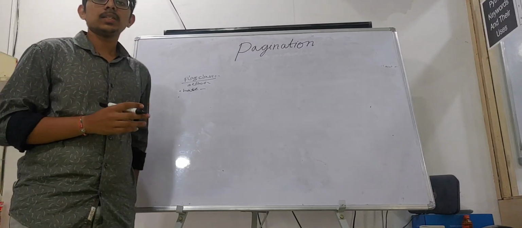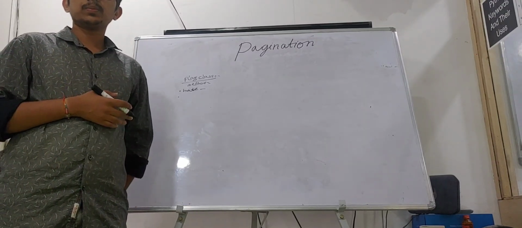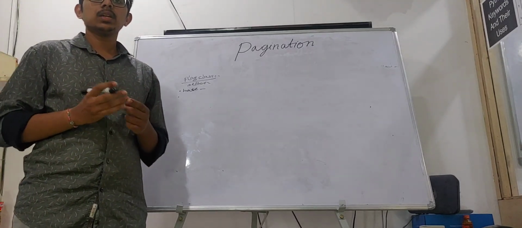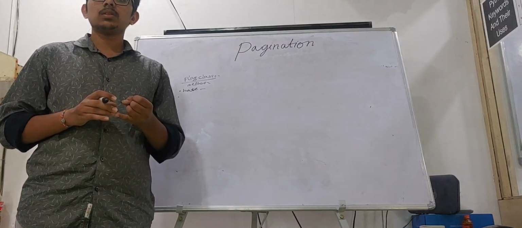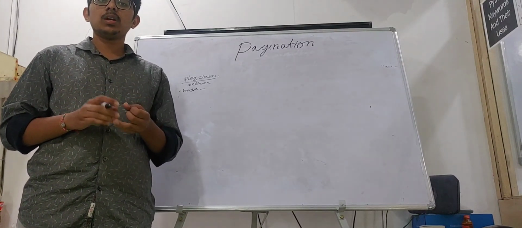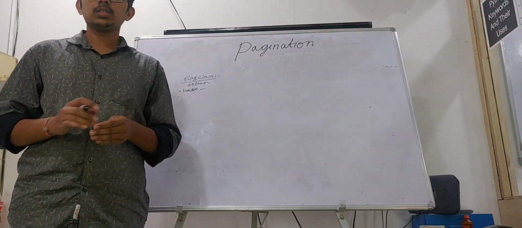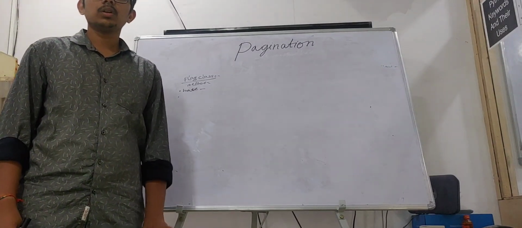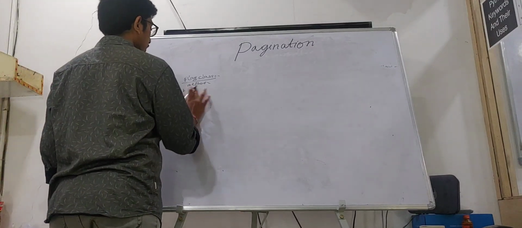It has has_next and has_previous, then next_page_number and previous_page_number, and start_index. Those are 5 types.